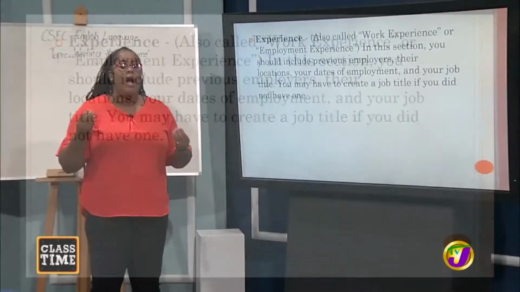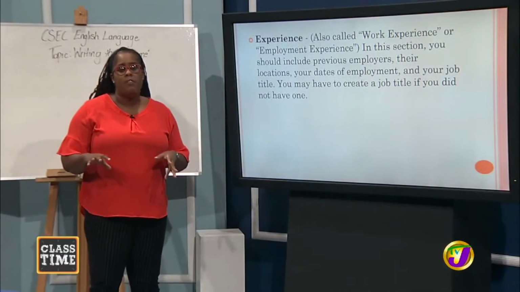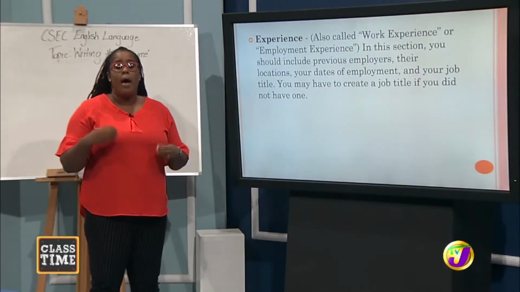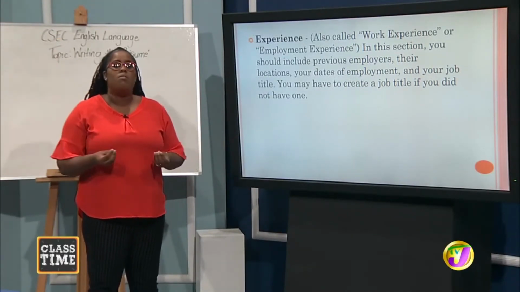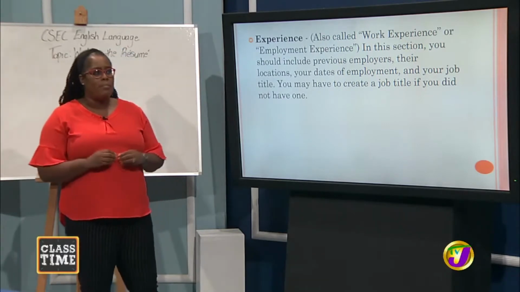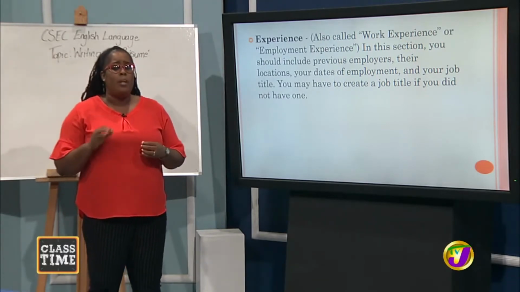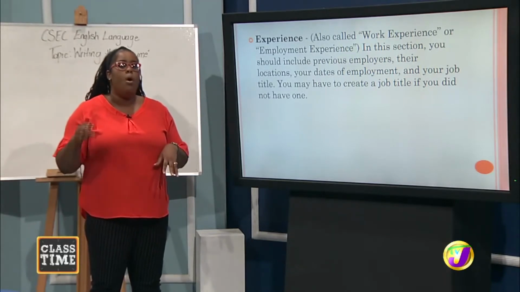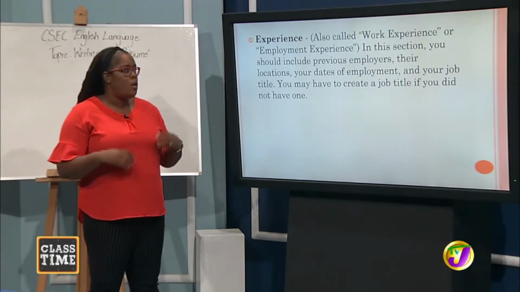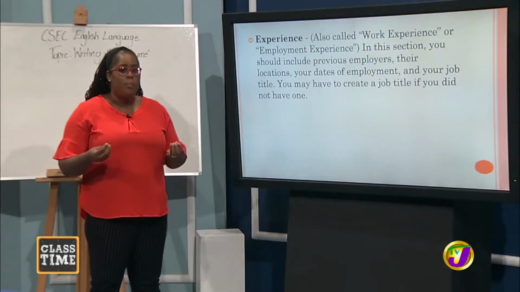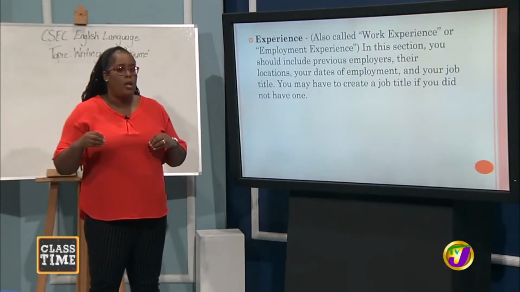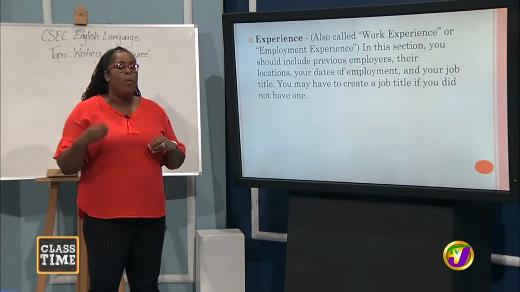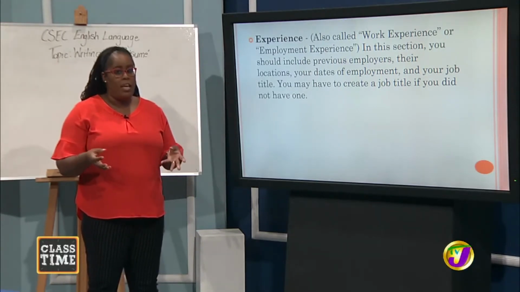Now, if you have been working for some time and you have the experience, please include it on your resume. Why? Separate and apart from the references that you would include on your resume, what some employers do when they look at your previous employment is call these persons to find out about your character, right? How well you worked in that capacity and so on.